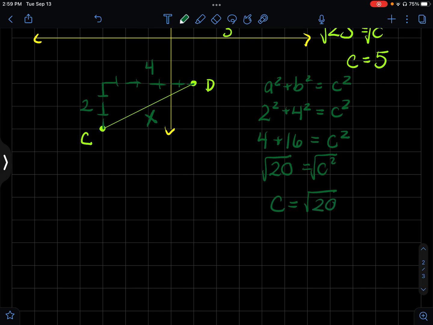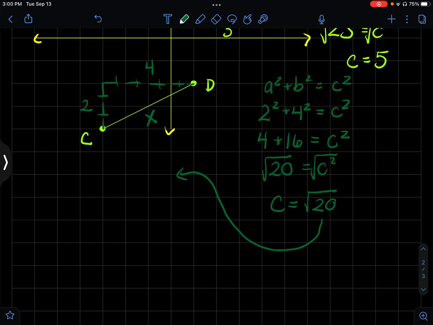Now, I'm going to quickly go through this, but if you need some review on simplifying radicals, please refer to the simplifying radical video. Now, taking a look at this square root, remember you're looking to break it up into two numbers that multiply to 20, one being a perfect square.